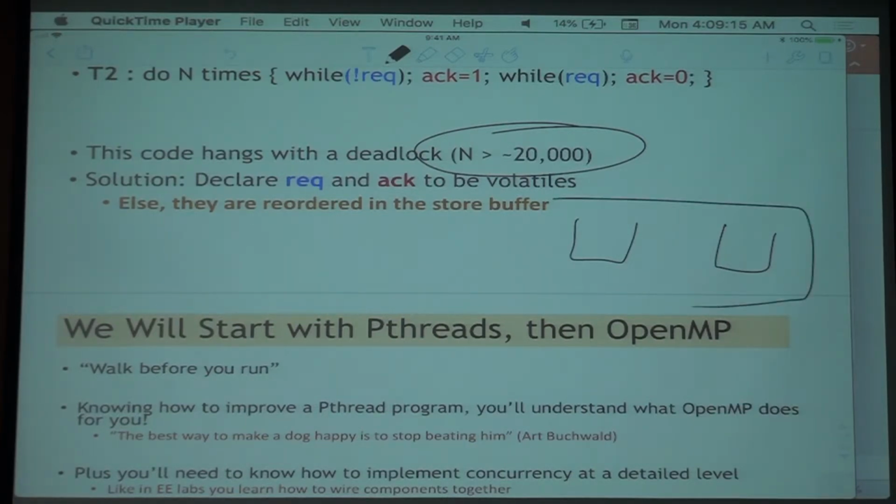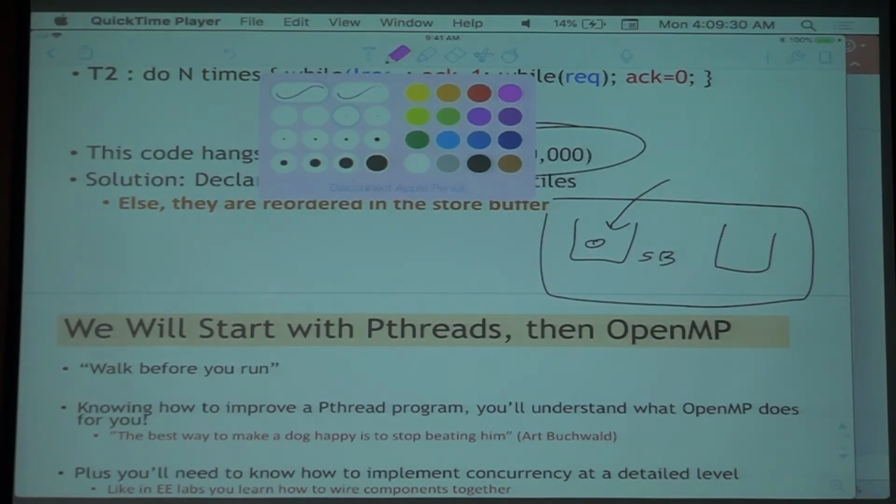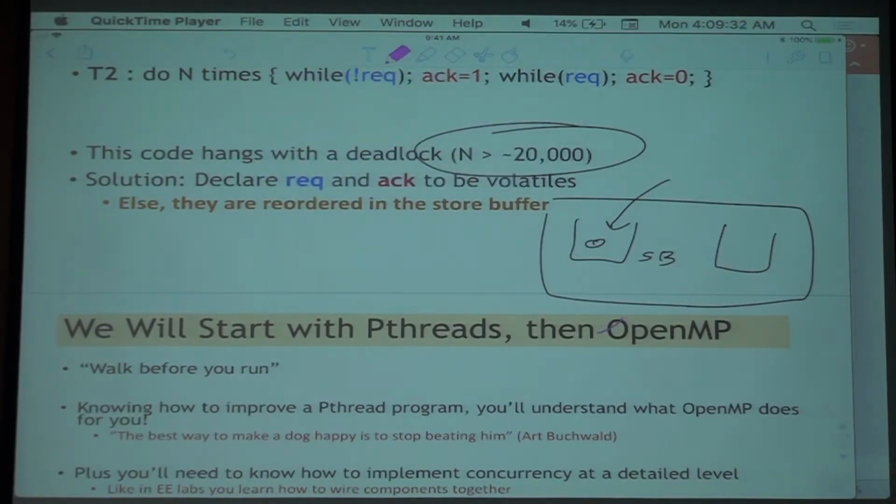So processors have something called a store buffer. You can write a value and it can be pending in a store buffer, but when you read, you may bypass the store buffer and read, provided the address is different. And the store buffer effect is what we are seeing in this example.